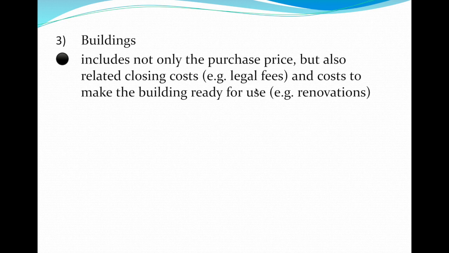So there's legal fees involved in that, and costs to get the building ready for use, so renovations. So if you buy a building that was originally an office space and you want to turn it into a restaurant, then you're going to have to tear down some walls, and you're going to have to build a big kitchen and install appliances and stuff. And so those are all costs that are lumped into the capital asset purchase cost.